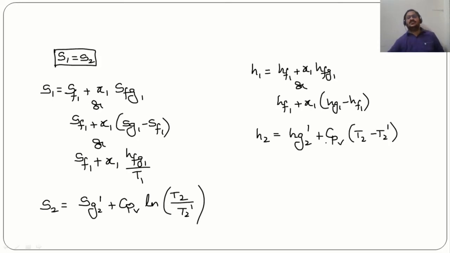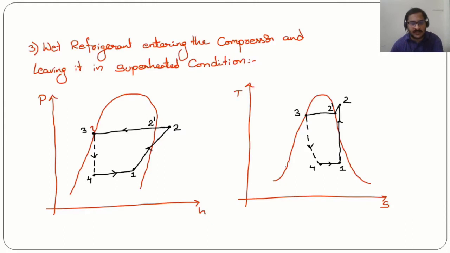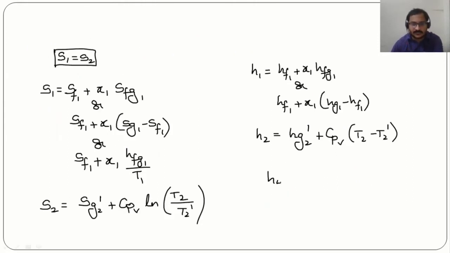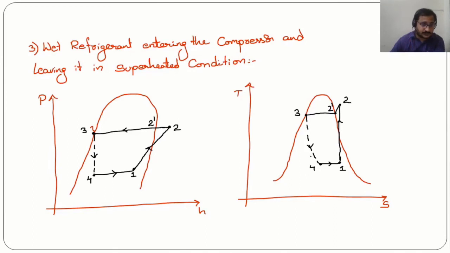So second condition is superheated, so we have taken superheated formulas. Then H4 is equal to H3, which is equal to HF3. This is what we need to consider here. Now here also the amount of work input that is required is higher, and as a result of that the COP will be lower in this particular case also.